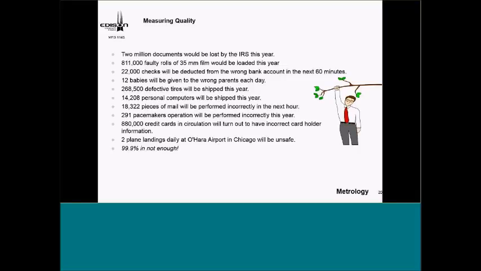So you notice I got hanging out on a limb. So really 99.9%, is it really good enough? Well, compared to this statistic, no, it's not.